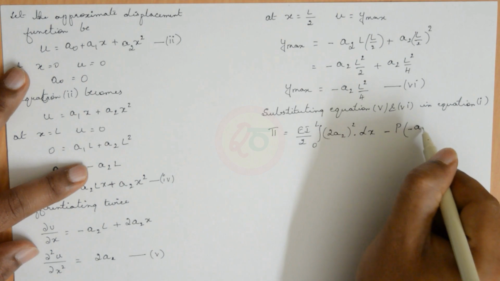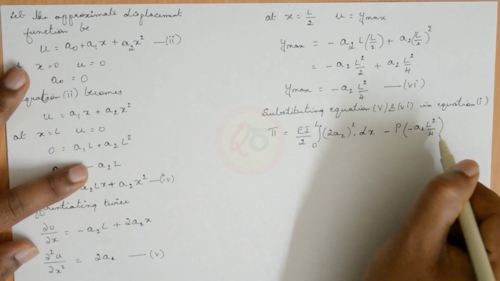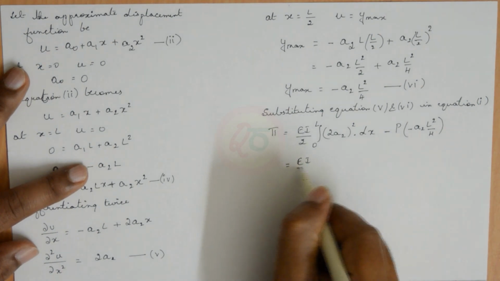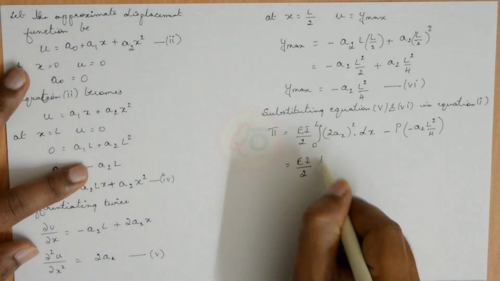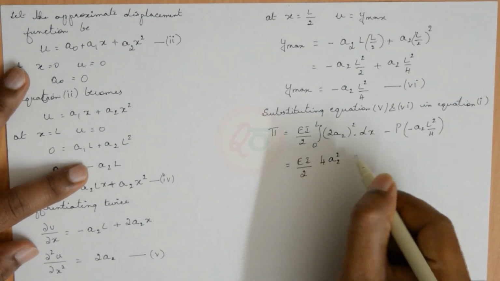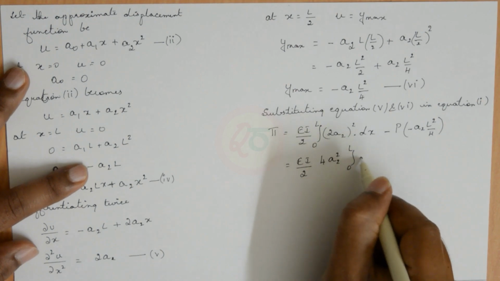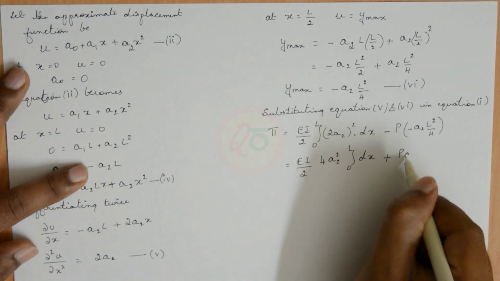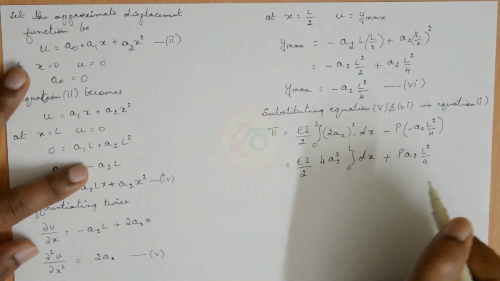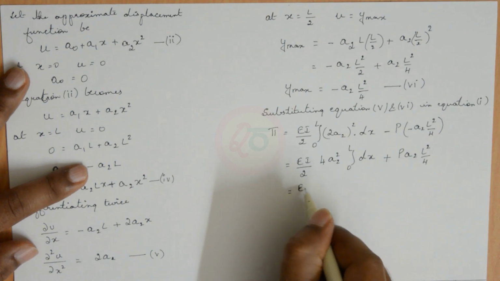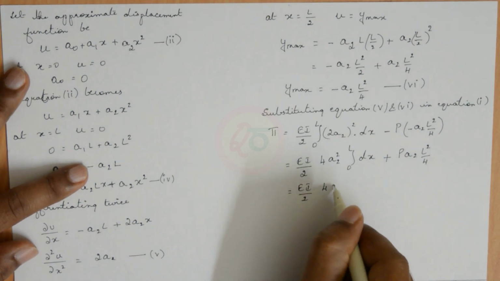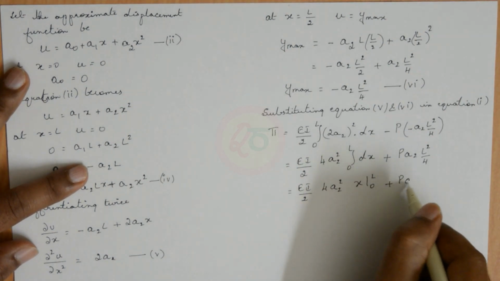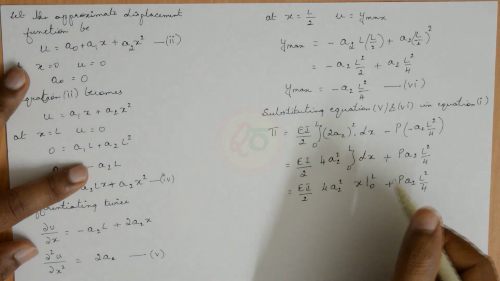Y max is minus a2 L square by 4. And this is nothing but EI by 2 times 4 a2 square integral 0 to L dx, minus into minus plus P a2 L square by 4. When you integrate the term, you get EI by 2 times 4 a2 square x from limit 0 to L plus P a2 L square by 4.